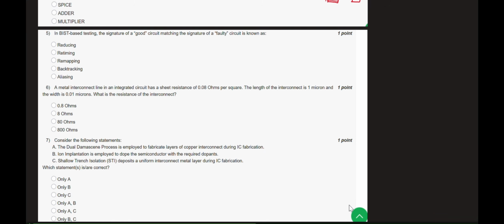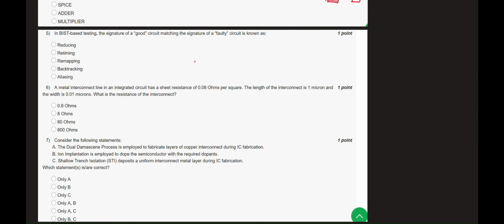In BIST based testing, matching the signature of a good circuit with the signature of a faulty circuit is called what? In built-in self-test, there is a signature of a good circuit. The good circuit will generate some output, and we will work on that output and get some signature.